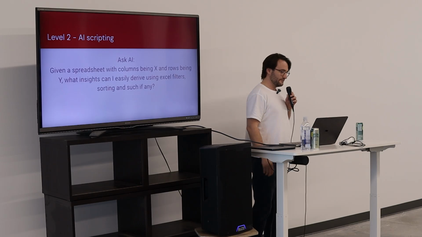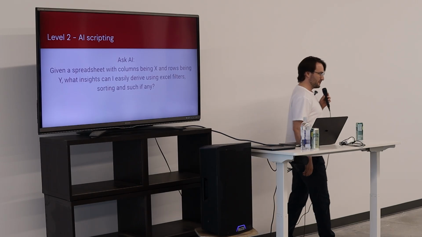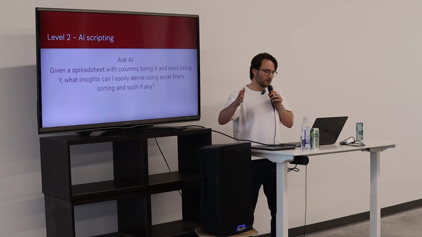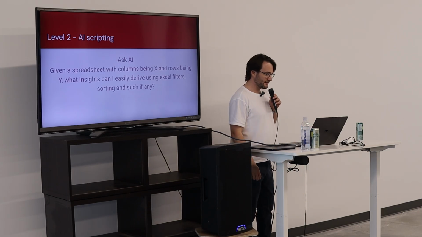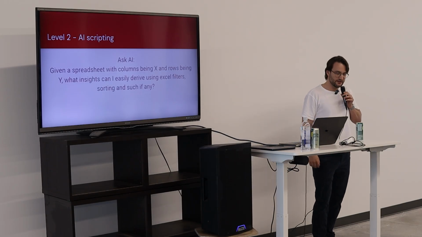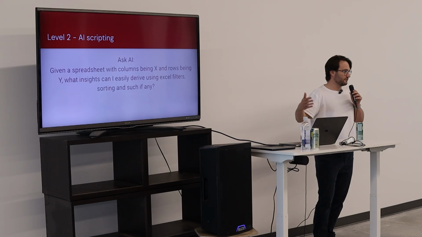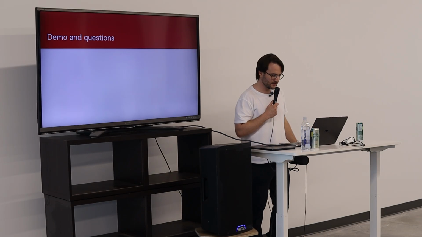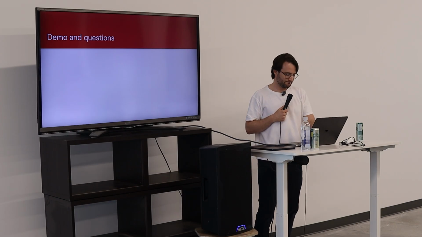And finally, we tie back to the Excel spreadsheet thing. Given a spreadsheet with columns being these and rows being these, what insights can I easily derive using Excel filters, sorting, and such, if any, as a professional Shopify store owner? So that's it. Now it's time for the demo.